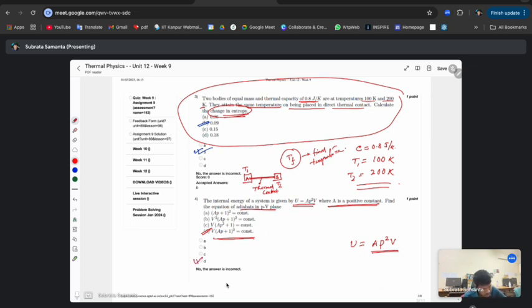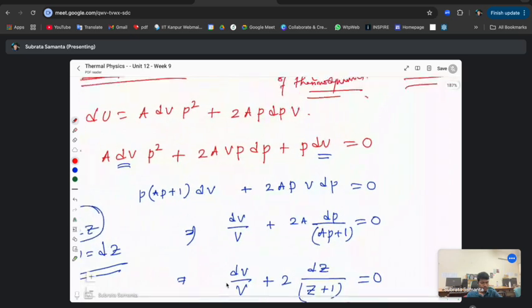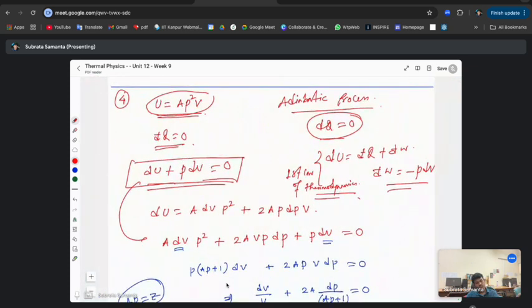So option D is correct. Okay, any question?